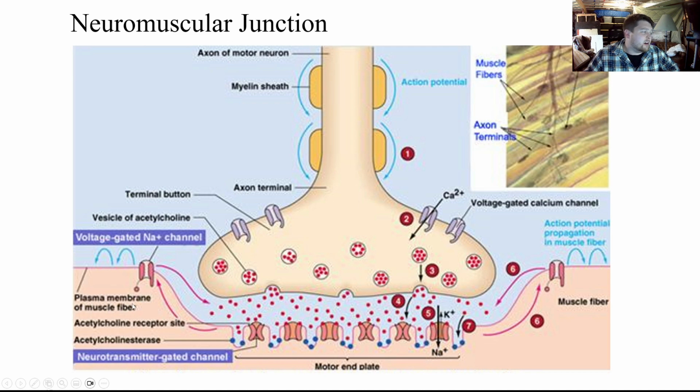The name of this membrane is the sarcolemma. We'll see that in a couple more slides when we look at some more of the anatomy. This plasma membrane of the muscle fiber is the sarcolemma. So the signal comes over, the voltage-gated sodium channels on the sarcolemma open, and the action potential continues to propagate in the muscle fiber.